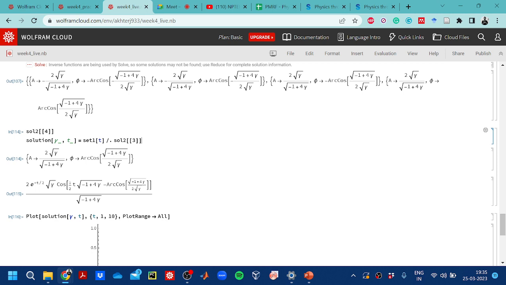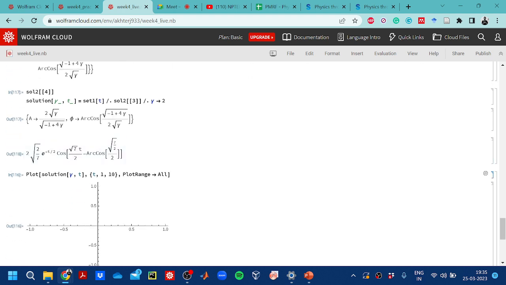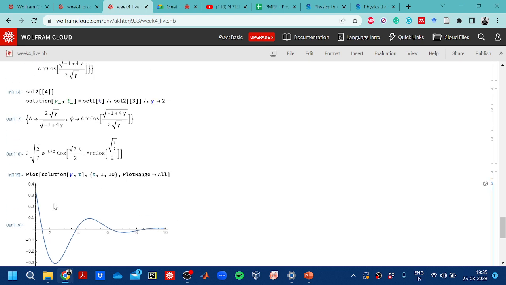Here we can replace gamma. And if we execute this now, this is how the solution looks for the gamma value 2.